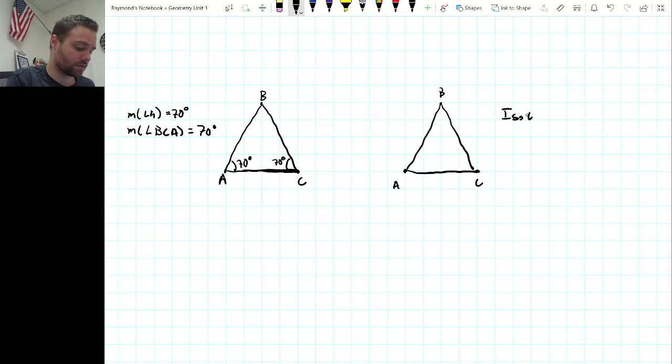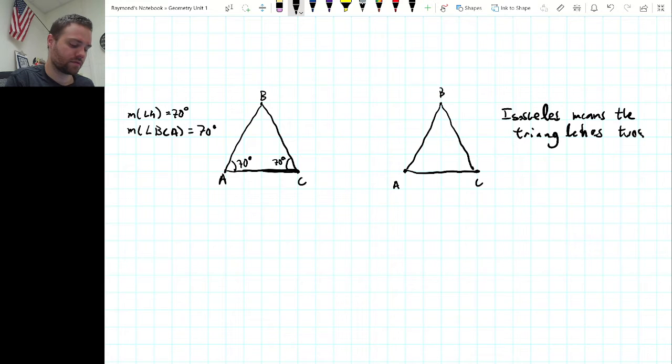So you might not remember this. Isosceles means the triangle has two congruent sides.